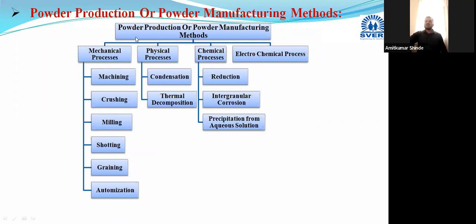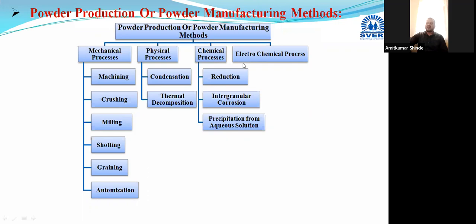It can be done in different ways, and these are classified into four types depending on the technique used. The first type is mechanical processes, second physical processes, third chemical processes, and fourth electrochemical processes.